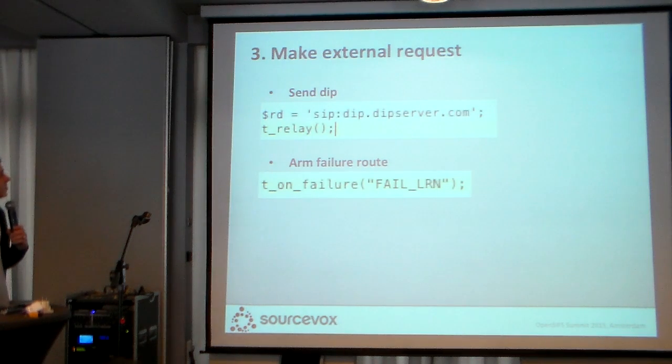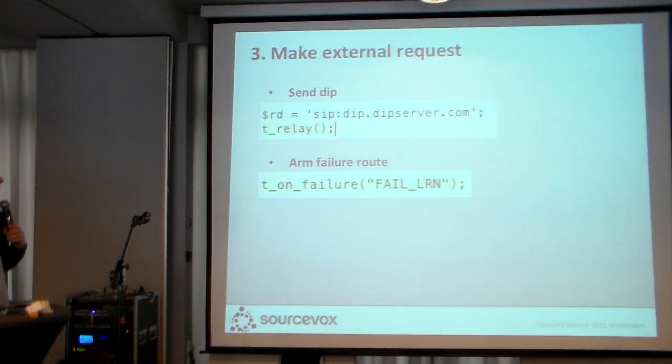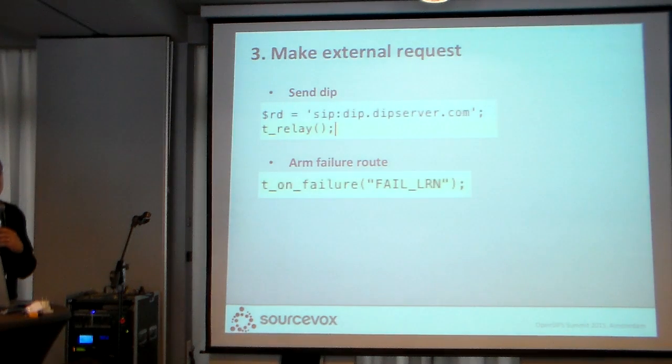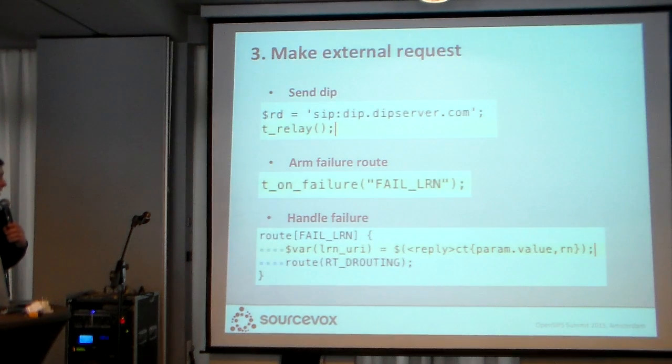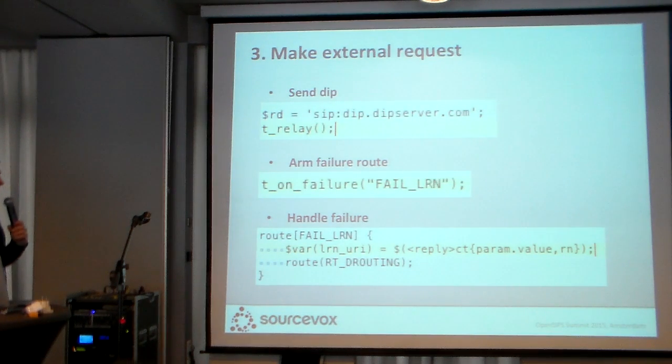So when we send this call to dip.dipserver.com, OpenSIPS will then know that if it receives a failure, and it's an expected failure, we expect a 302 response, which is a failure, it will call the failure route as defined here, and that's the actual point at which OpenSIPS can then extract the routing number out of the contact header. And then you can continue routing.